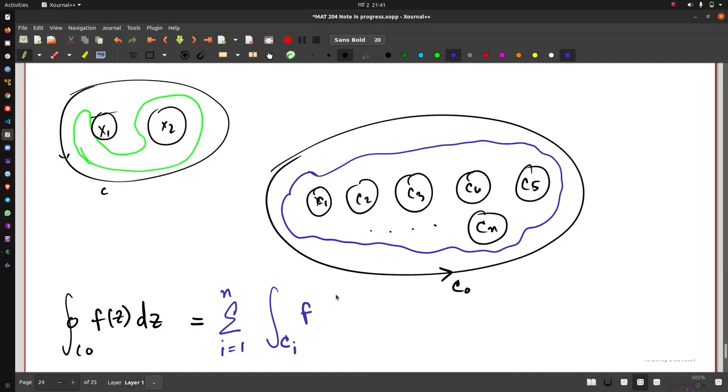What do I mean by sum of all the holes? Well, you evaluate the integral for the functions along these small circles that enclose the holes.